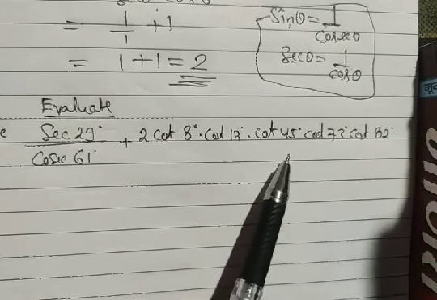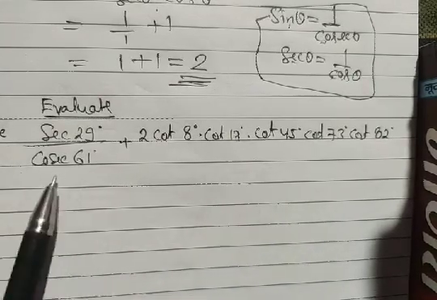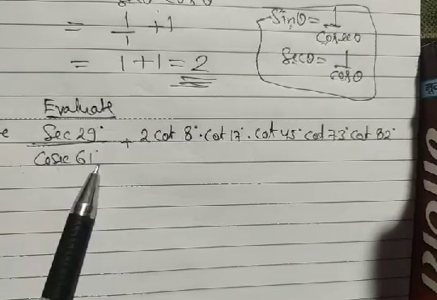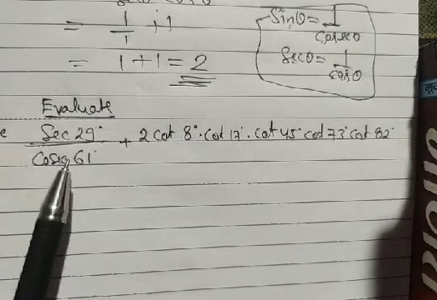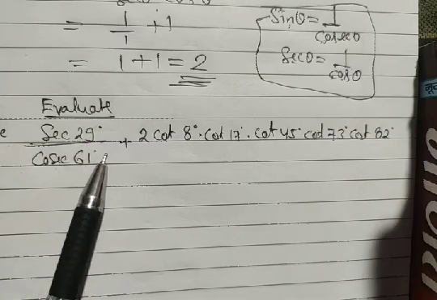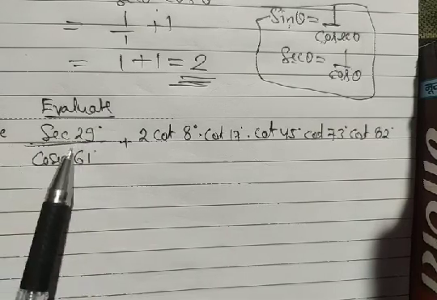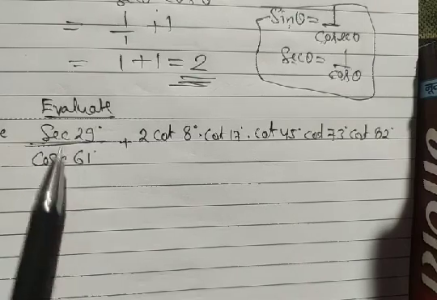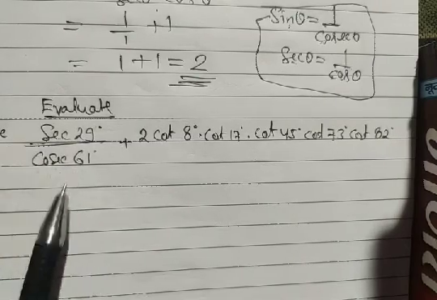This is the expression. Look what we have to do. Here we change only one of the angles. It's not necessary to change both of them. We just change the angle which is greater than 45 degrees.